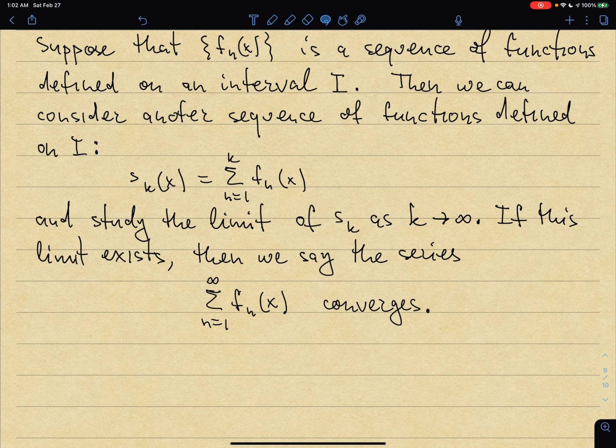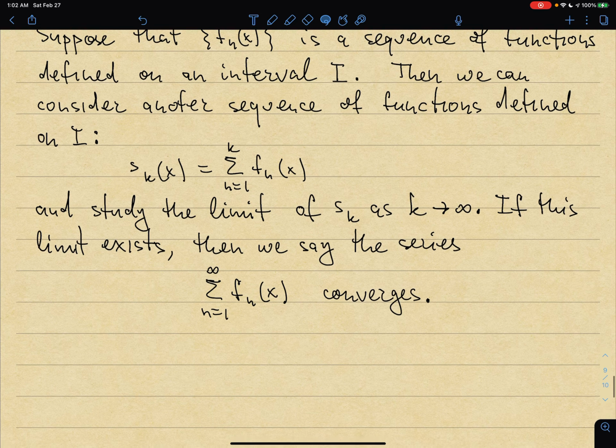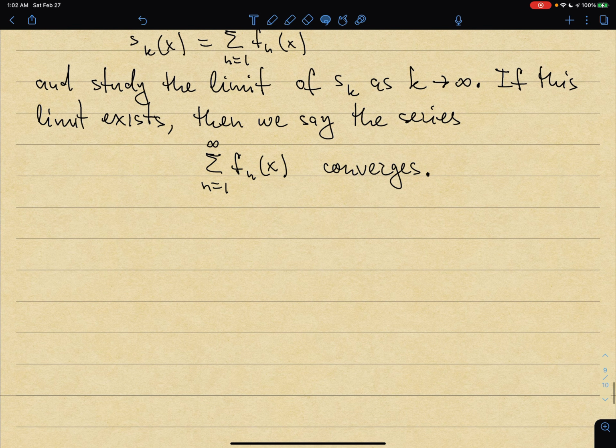So in this case, we also can have two different convergences. Two choices.